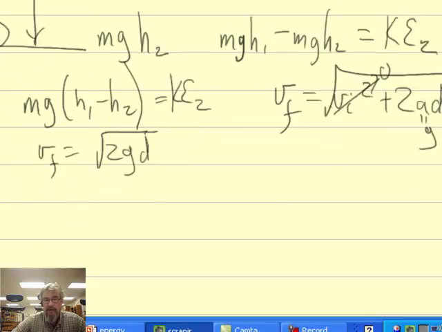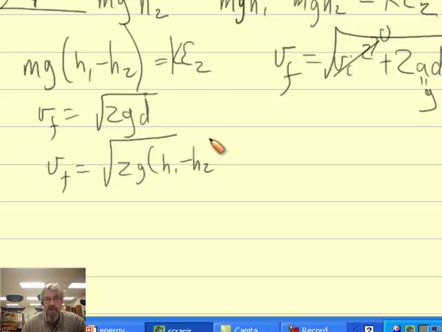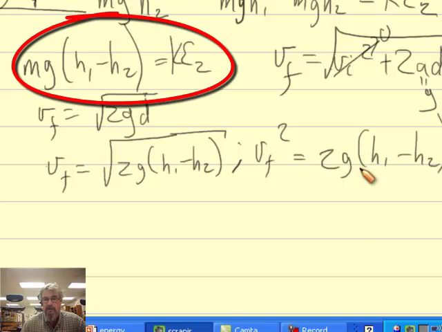Now, the distance that it fell is related to h1 and h2. So we could say Vf is equal to the square root of 2 times g times (h1 minus h2). If we square both sides, we get Vf squared is equal to 2 times g times (h1 minus h2). Well, this h1 minus h2 term appeared in the other equation that I had. mg times (h1 minus h2) is KE2.